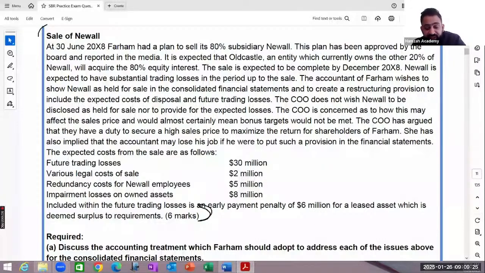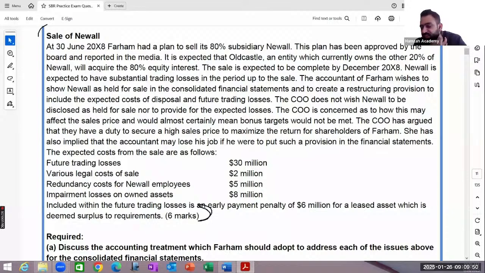New Wall is expecting trading losses for the period up to sale, and the accountant of the company wants to classify it as held for sale and to create a restructuring provision which includes the expected trading losses and disposal costs. The CEO does not wish to disclose New Wall as held for sale, nor to provide the expected losses.